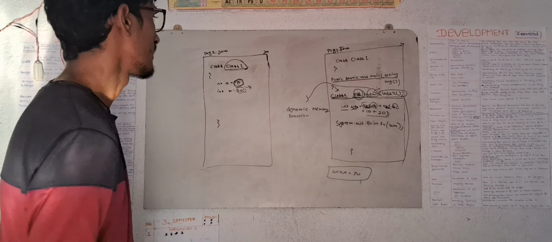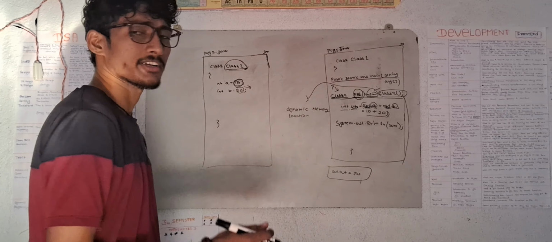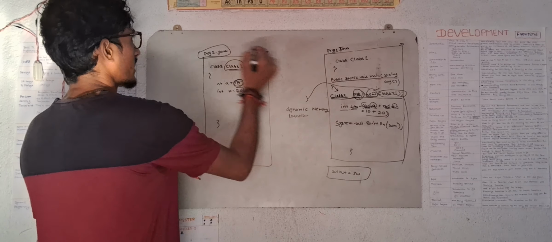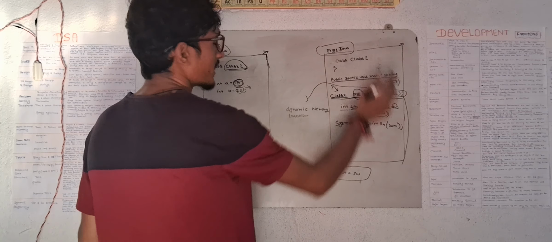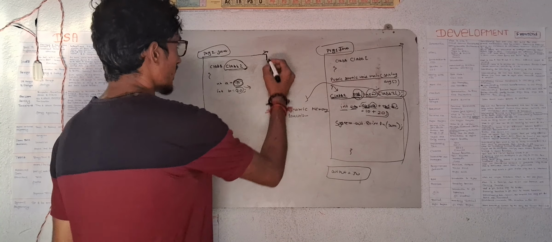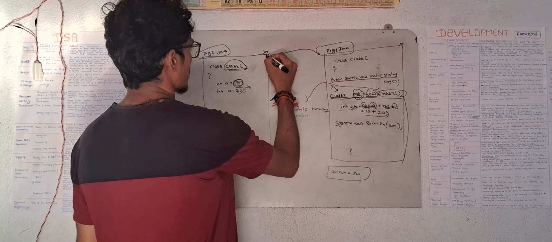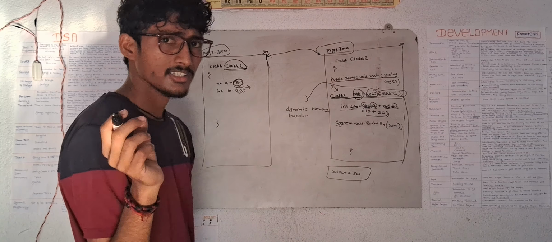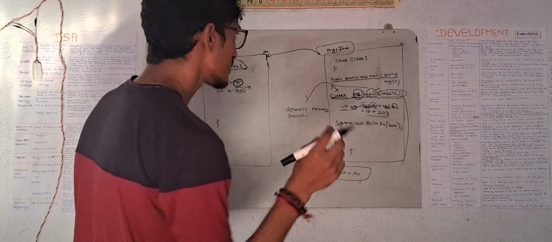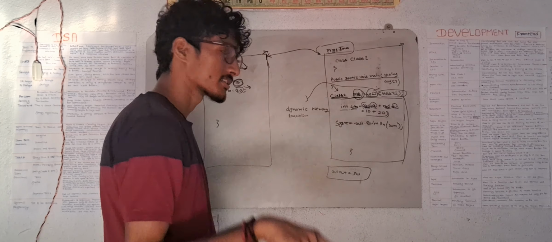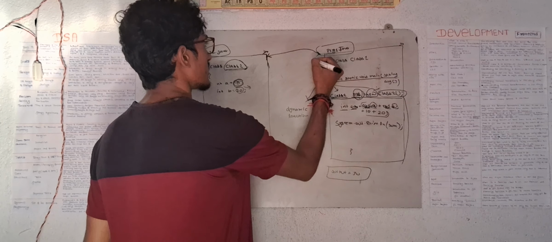But how will we run this code? First, when we create this file and this file, we need to compile both files. And one thing to remember: both files should be in the same root.